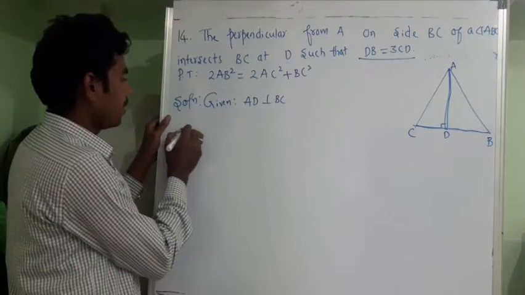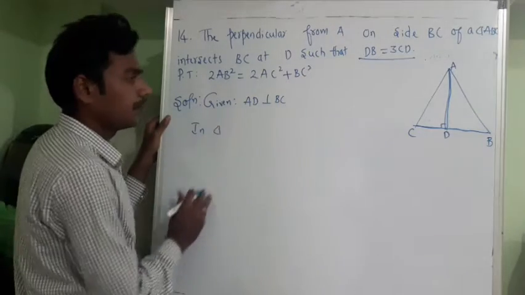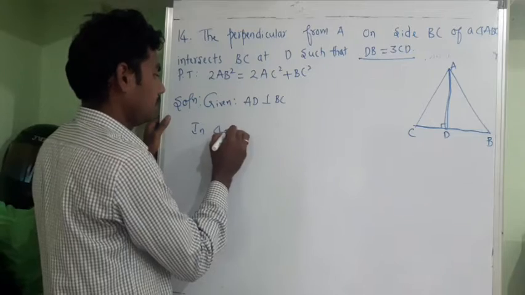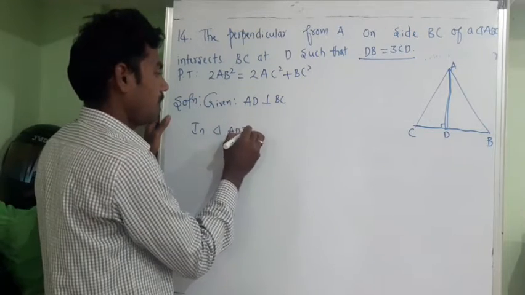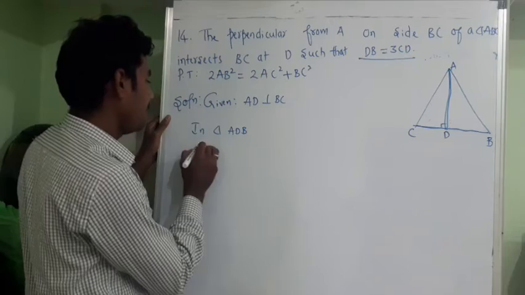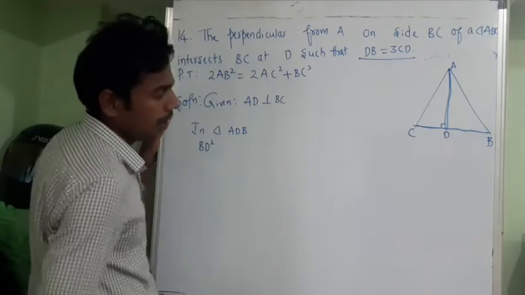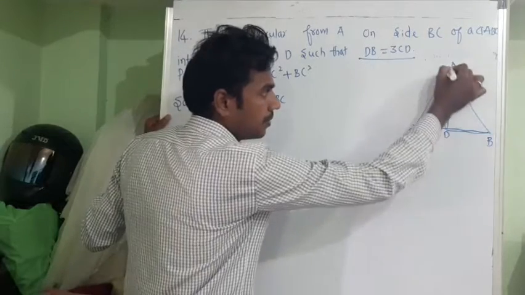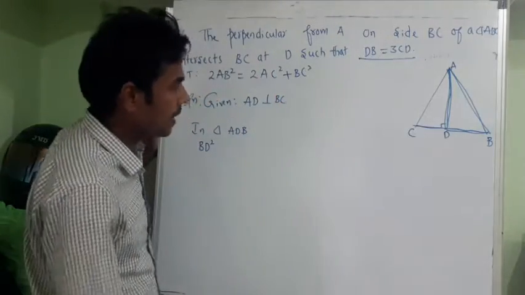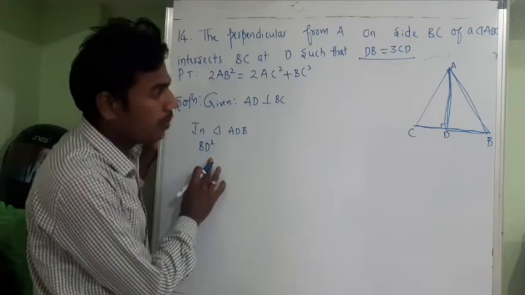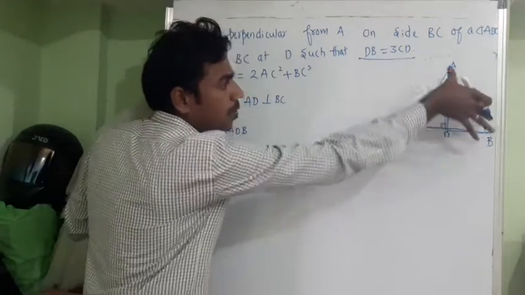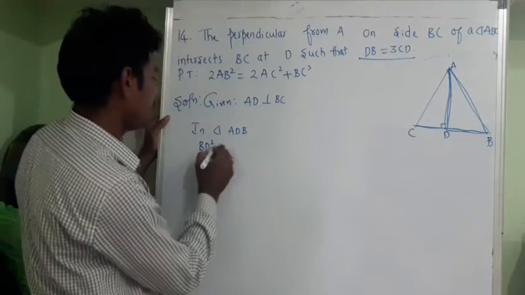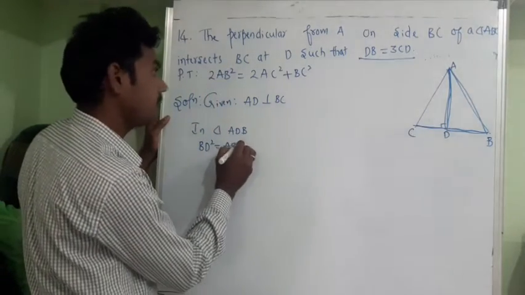So, in triangle ADB, BD square is equal to AB square minus AD square.